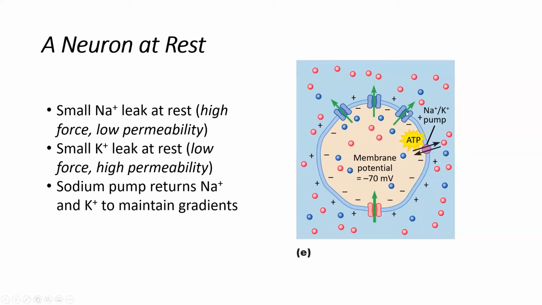If there are more doors, so to speak, or more channels for potassium, more of that potassium can leave the cell, less of that sodium can come in. So that is one reason for the fact that we have more of a negative environment left behind on the inside when the cell is at rest. All right, just the permeability difference between these two ions. So although they are both positive, they are at different distributions across the membrane.